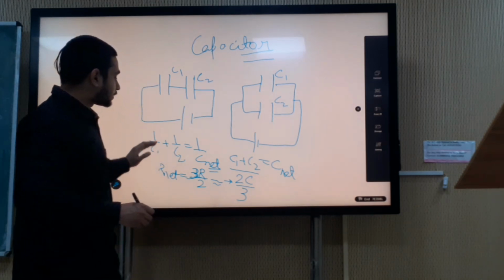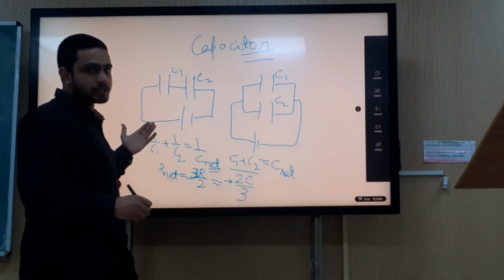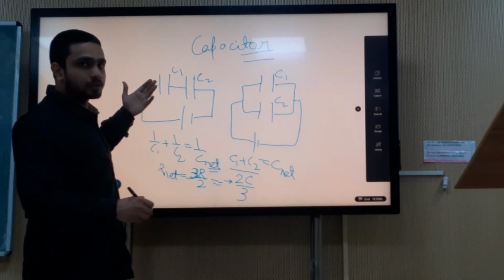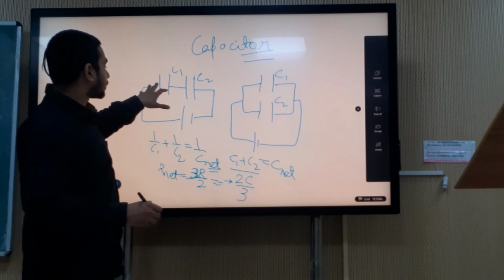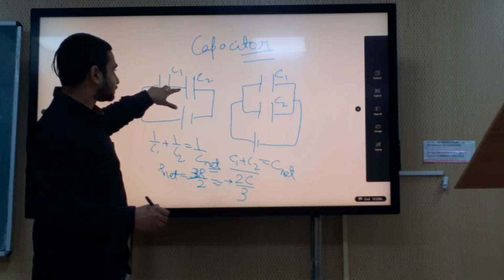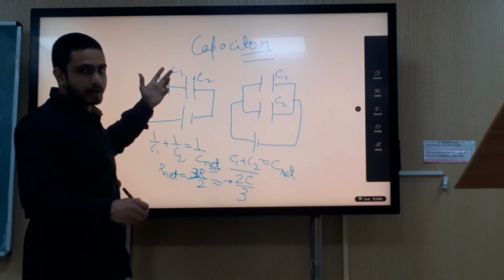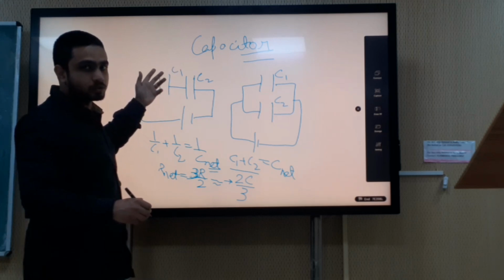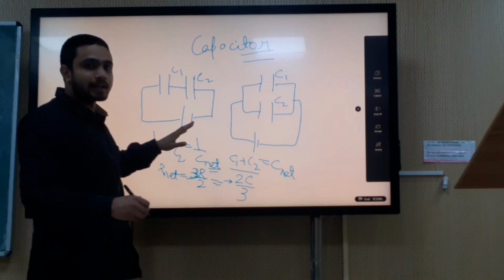So we will solve this question with the help of resistance: we suppose they are in series, so they are actually in parallel. If we solve like that, the answer will come correct.